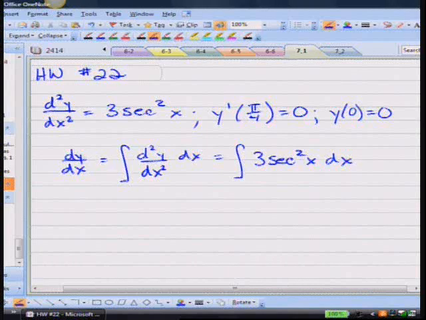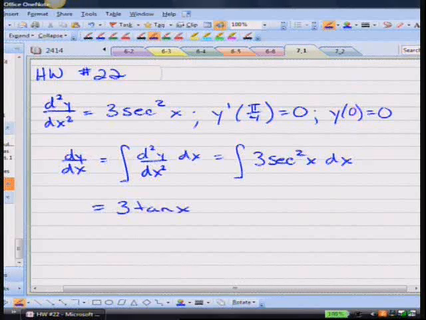And you're happy because secant squared x has an antiderivative. It is tangent x. So this is going to be 3 tan x plus c, right? Now, they give you information to find c. The information that they give you is that this is y prime, and when x is pi over 4, y prime of x is 0.